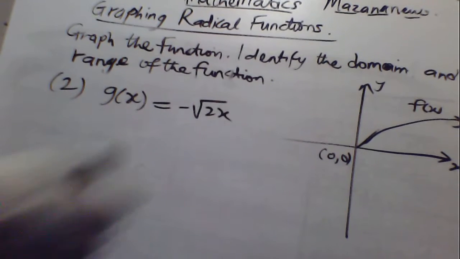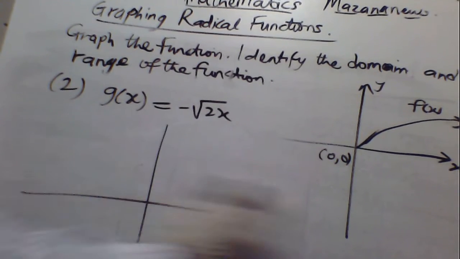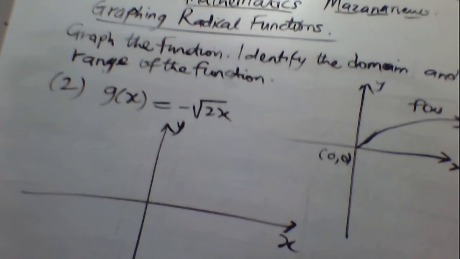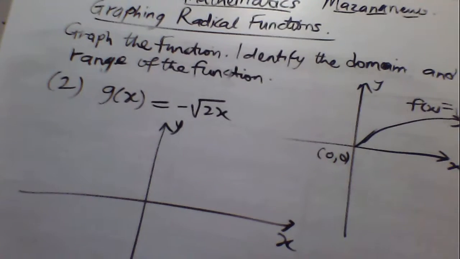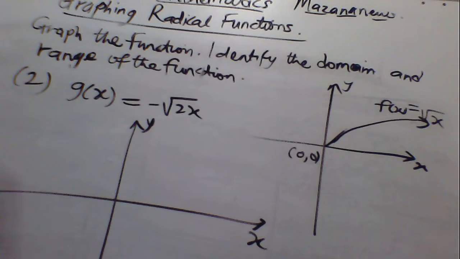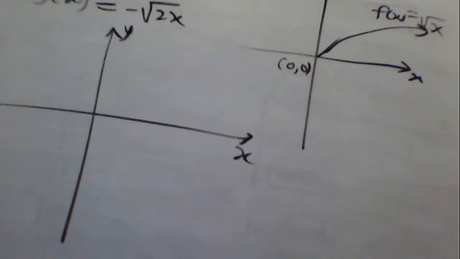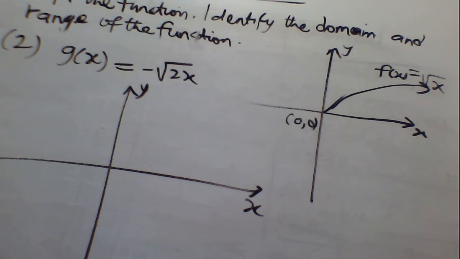This is f of x. So you can draw it. This is y, this is x. If you look at it, the parent is the square root of x. That is how the parent looks like. The square root of x.